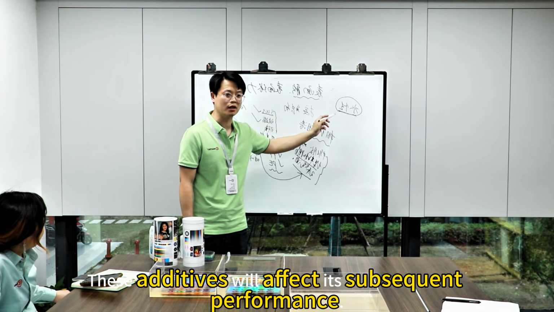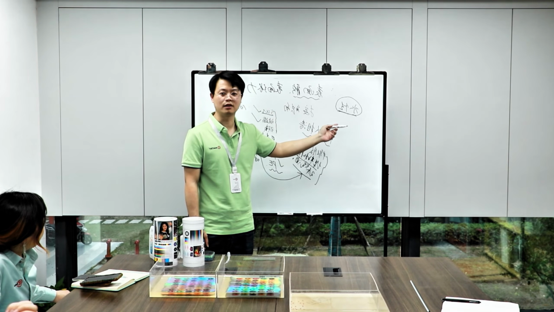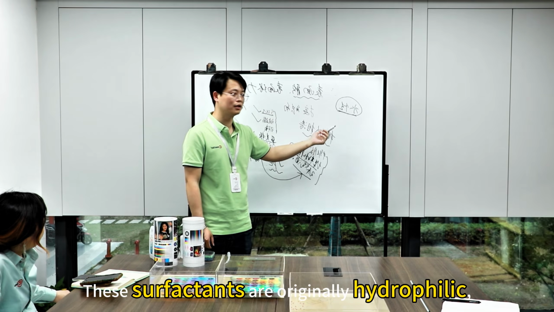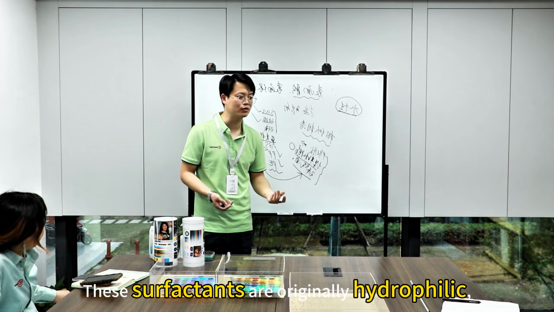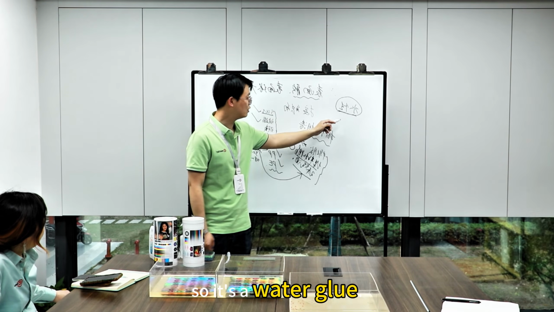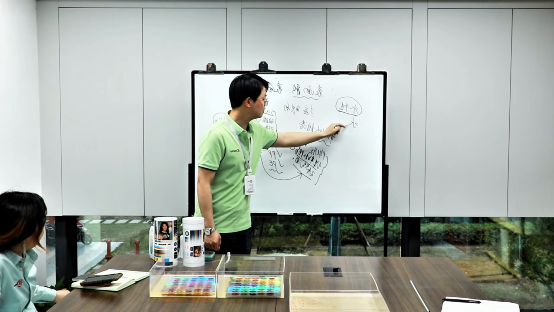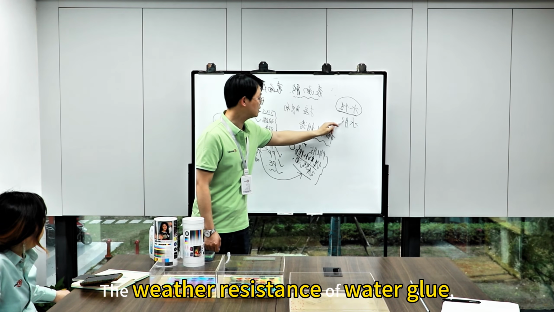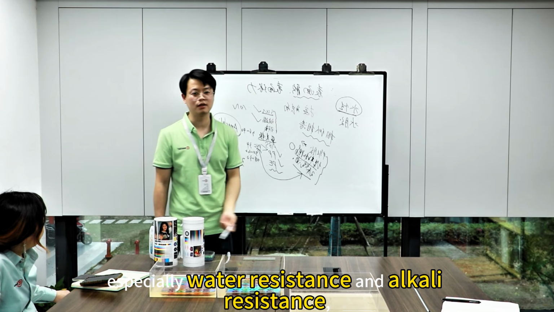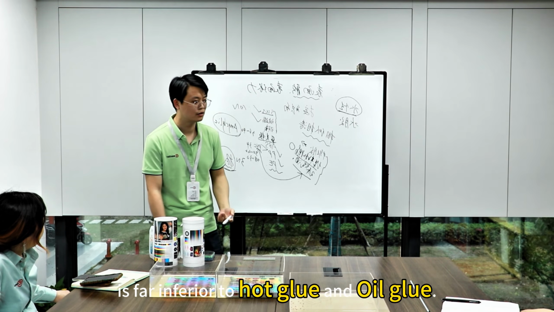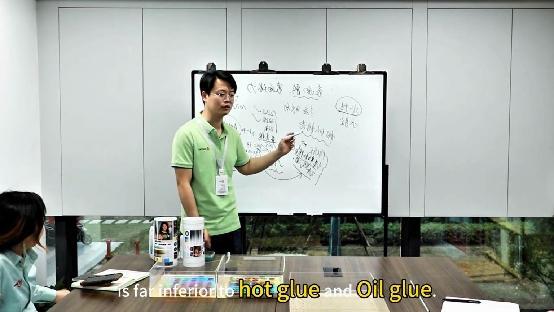These additives will affect its subsequent performance. These surfactants are originally hydrophilic, so it's a water glue. The weather resistance of water glue, especially water resistance and alkali resistance, is far inferior to hot glue and oil glue.